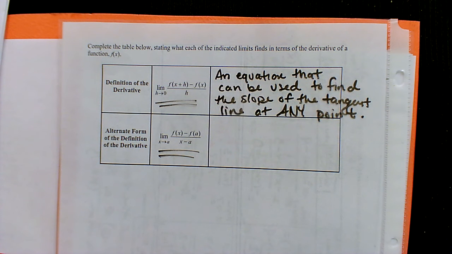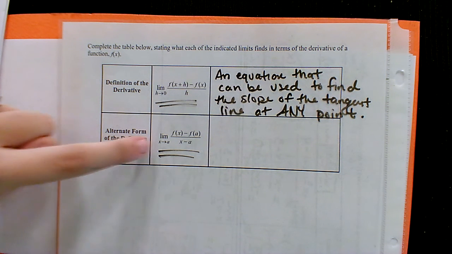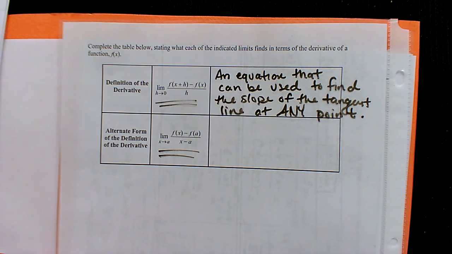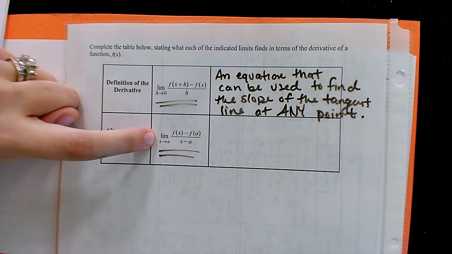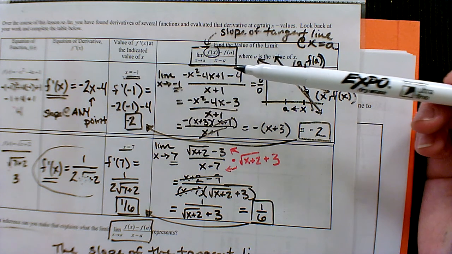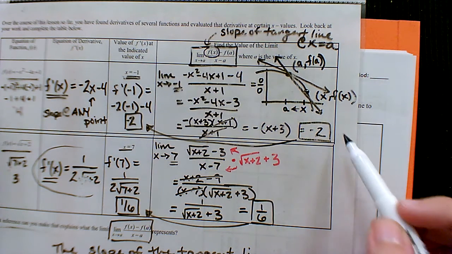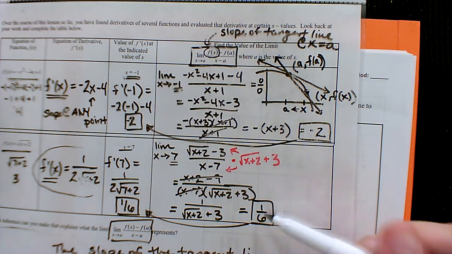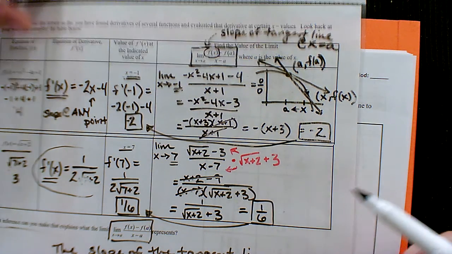But let's say you were specifically interested in one spot graphically. Okay, maybe we could use this alternative definition. So if you take a look at what this limit gave us, okay, I'm going to flip to the other page. When we use this alternative limit, notice how we did not get an equation as the answer. Okay, we got a number as an answer, meaning a value. So it's something completely different here.